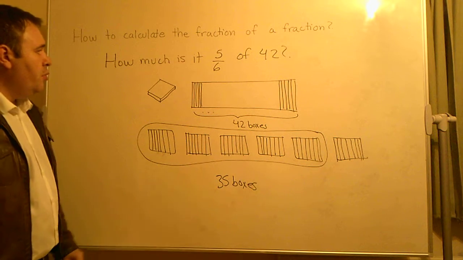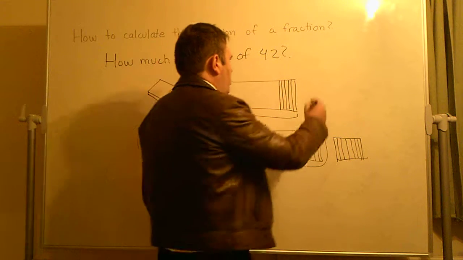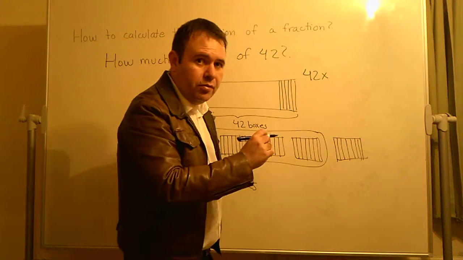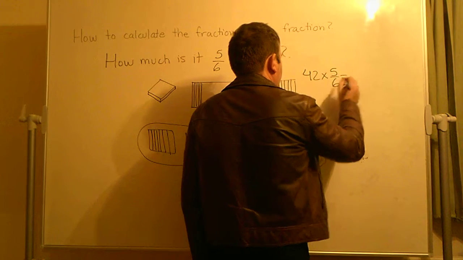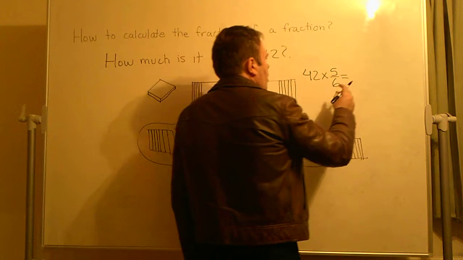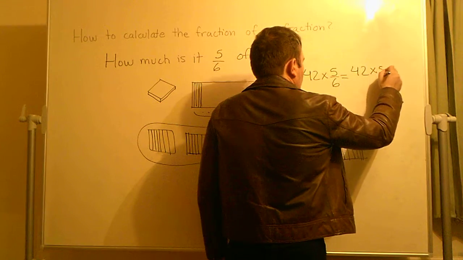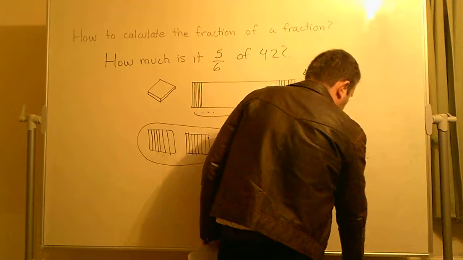Yeah? But how do we calculate it quickly? Well, we multiply 42 times 5/6. Yeah? We don't multiply 42 times 5.